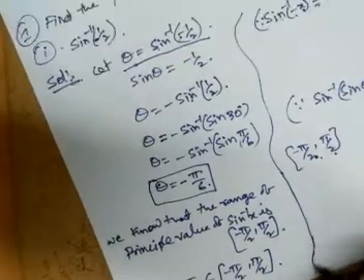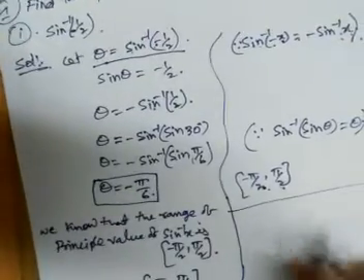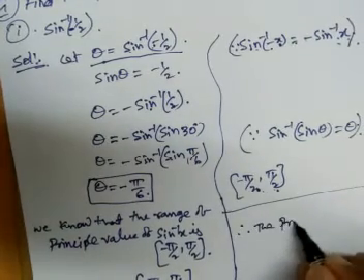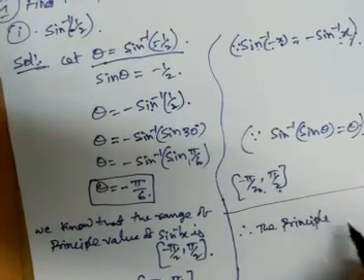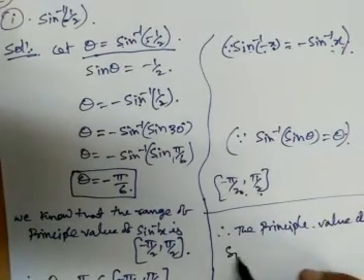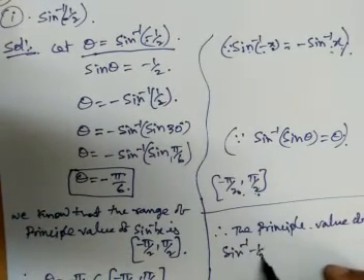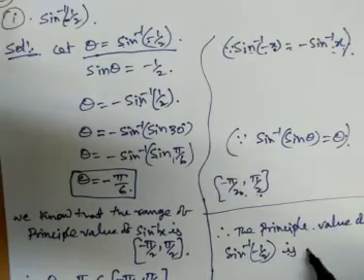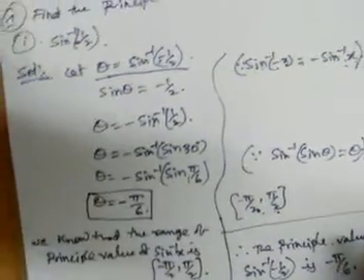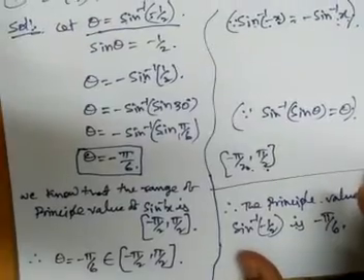Therefore, finally we conclude that the principal value of sine inverse of minus 1 by 2 is minus pi by 6. This is the solution for the first question.